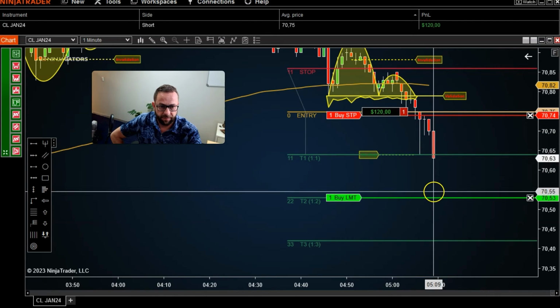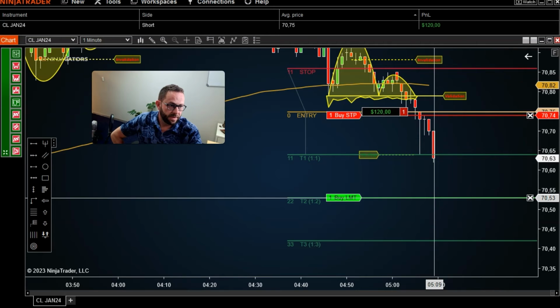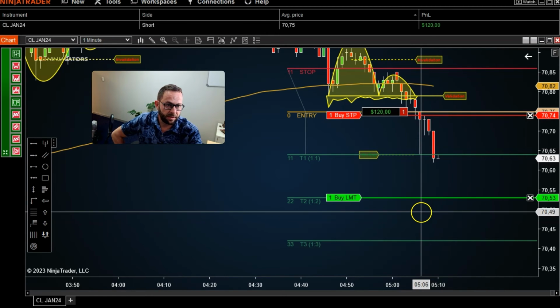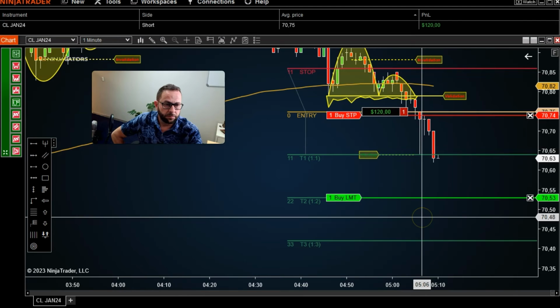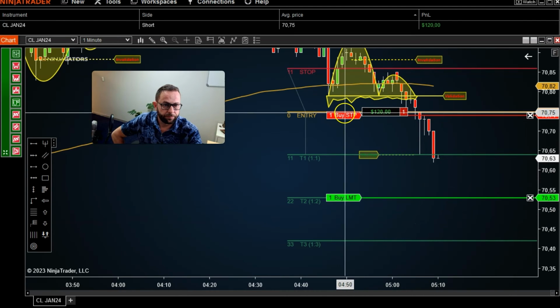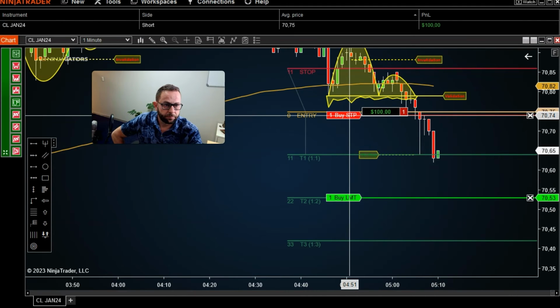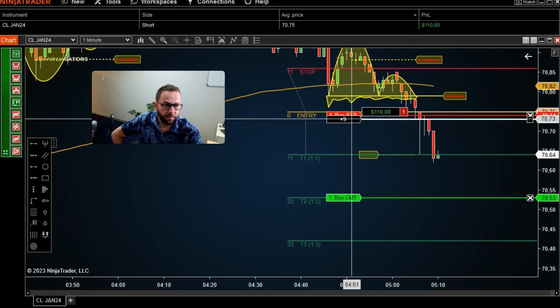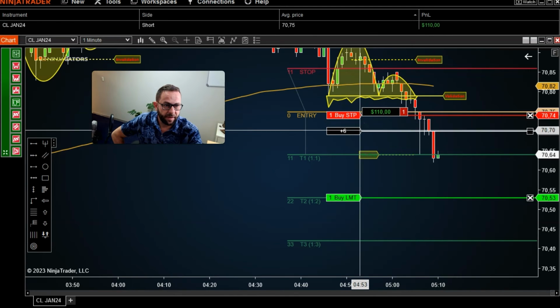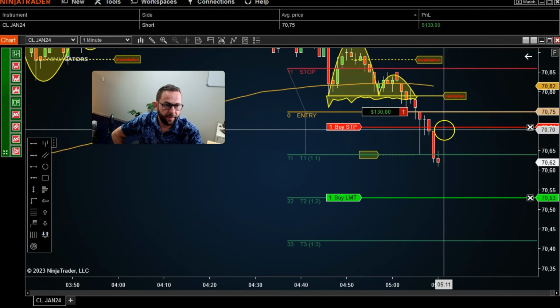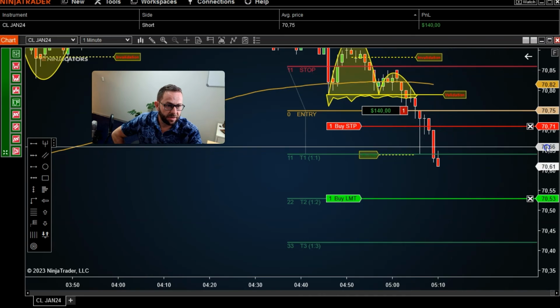It's a nice strong move. Still about 10 ticks away from second target. Lock in a little bit more, maybe go above this red candle's high. This one, the previous one I just closed.